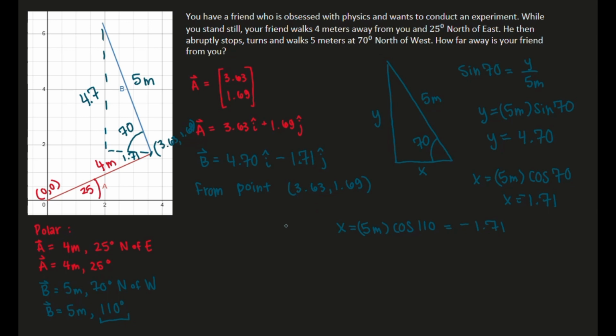So the other way I would write this in component form is 4.70 and negative 1.71. And again, I would just write the same thing, so from point 3.63 comma 1.69. And this is a sufficient way to represent vector B.